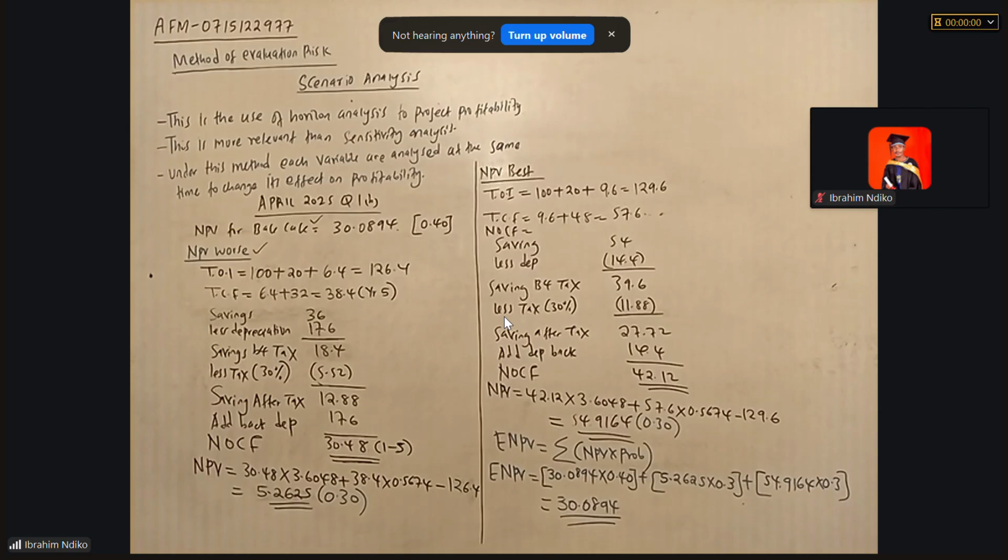Decision tree iko na topic inaitwa decision theory. So those tutakava zote, both kwa MA na kwa FM, so that ukwe familiarize nazo kwa sababu maswali zinaweza kuja a bit different but setting approach is the same.